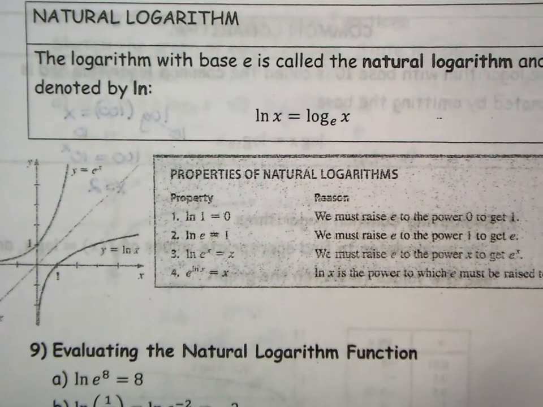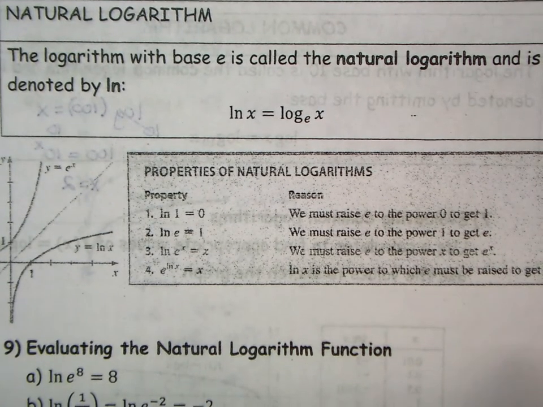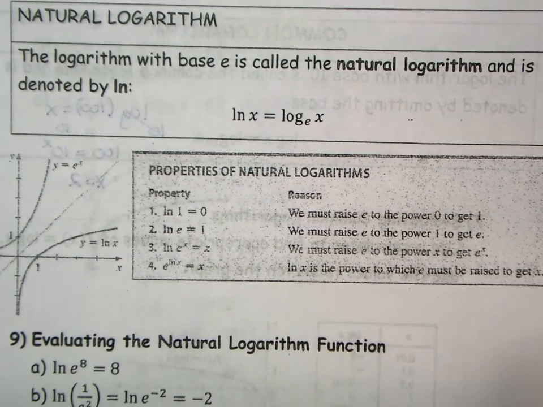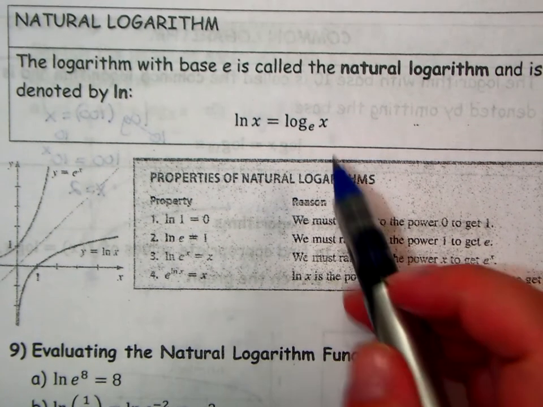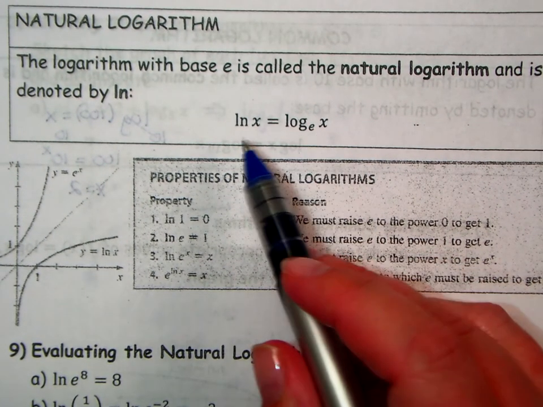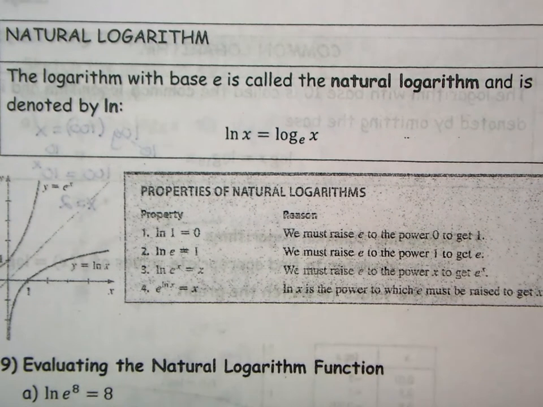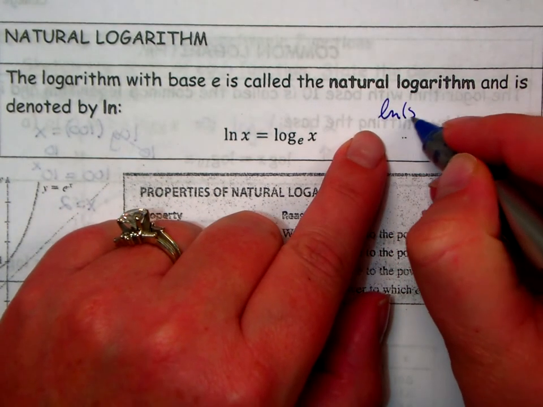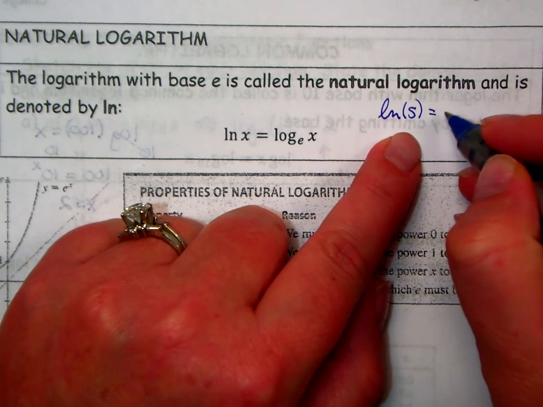The other kind of logarithm we have is what's called a natural logarithm, and that natural logarithm is log base e. Now you're never going to see it written out as log base e. They're always going to use ln. So if we had ln of 5 equals what?